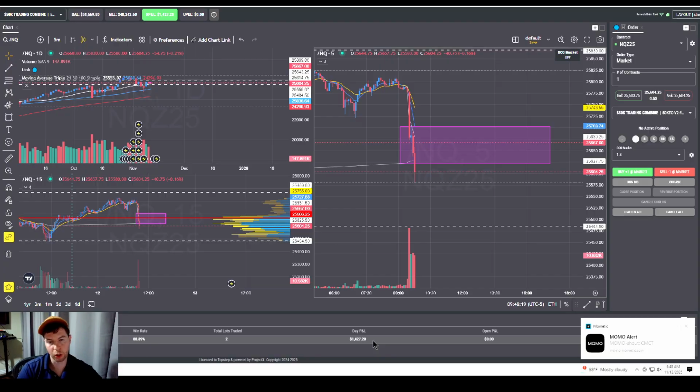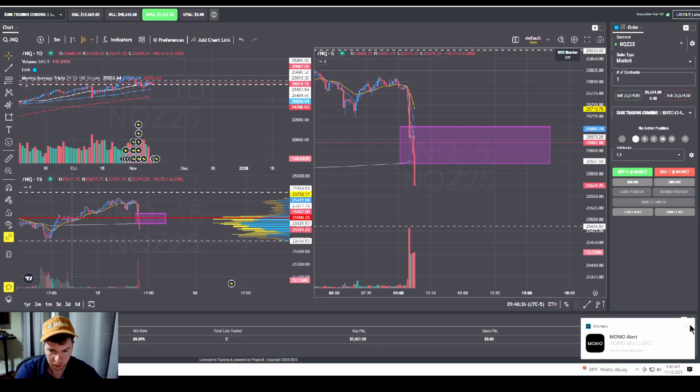Otherwise, it'll shift the goalpost to the right. You can't have a win that makes up more than 50% of your target. Yesterday I pulled like $200 or $300, if I'm not mistaken. And then today, day P&L 1427.